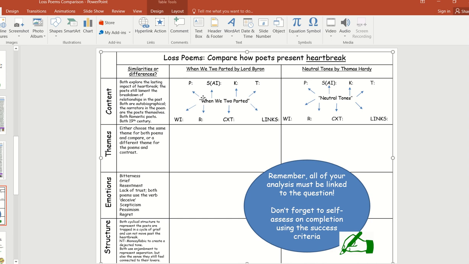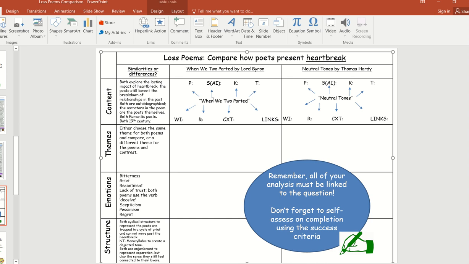We've also got the time adverbial 'when', and that's really important because what both poets use in terms of structure is the alternation between the past and the present. So both poems start with the past, and both poets are thinking about the actual moment in time when that relationship ended.